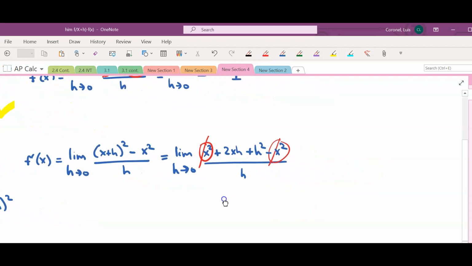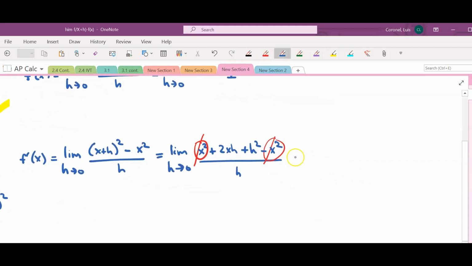We could certainly simplify that by factoring out an h. Let's redo this guy here. Factoring out an h, and you get 2x plus h all over h.